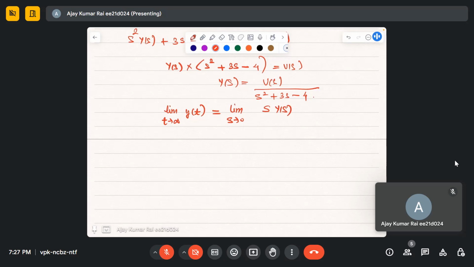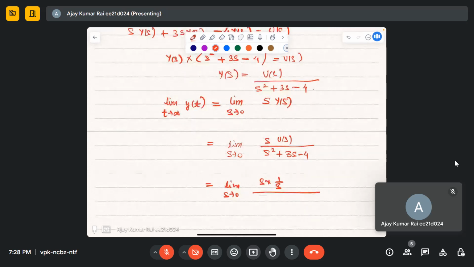So let's find out s into U(s) by s square plus 3s minus 4. Okay, so it's a step response. That means U(s) is equal to 1 by s, right? Laplace transform you've seen. If you find the Laplace transform of u(t), you'll get 1 by s.